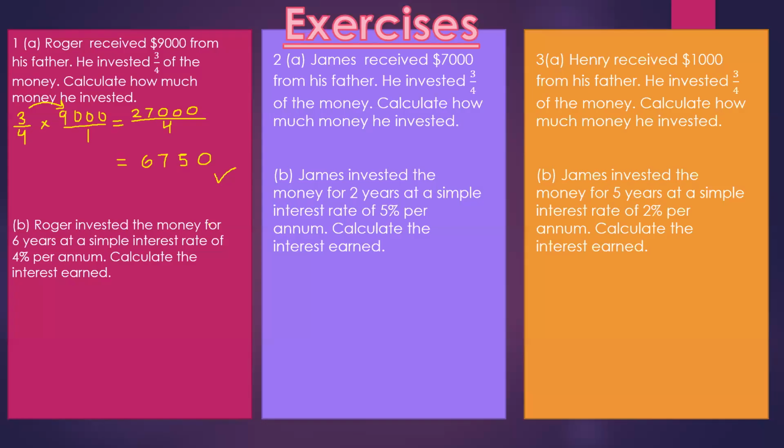All right, so I want you to do B. So for B, you have to find the interest earned. You have to find the principal, rate and time. So the principal will be equal to 6,750. Good.